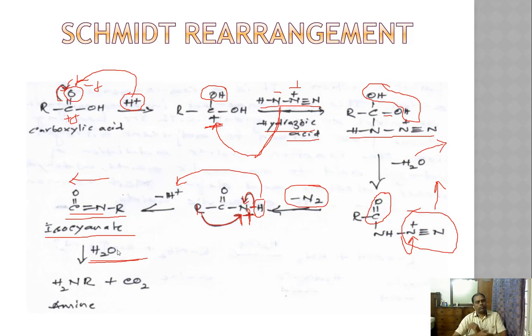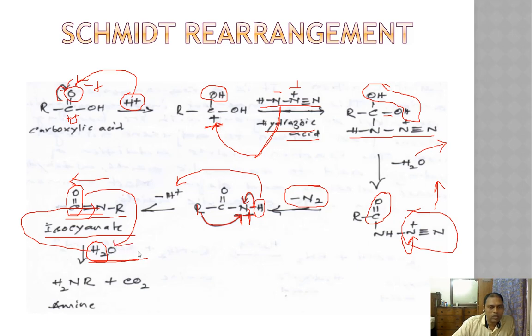A molecule of water getting added over here, so this OH2 is going to get attached to this nitrogen, and this CO, the carbonyl CO, along with this oxygen of water is going to form carbon dioxide, and with this rearrangement you are going to get amine.